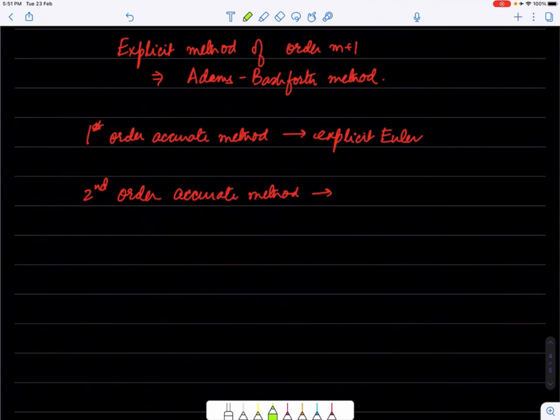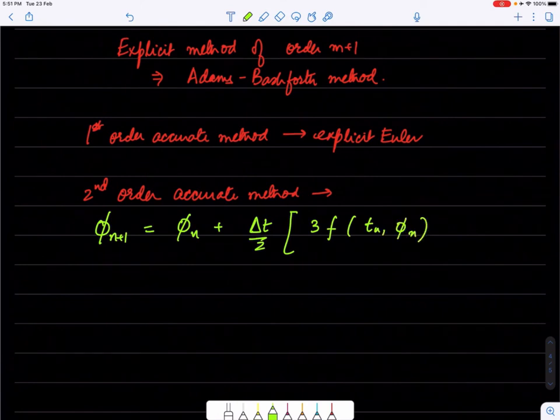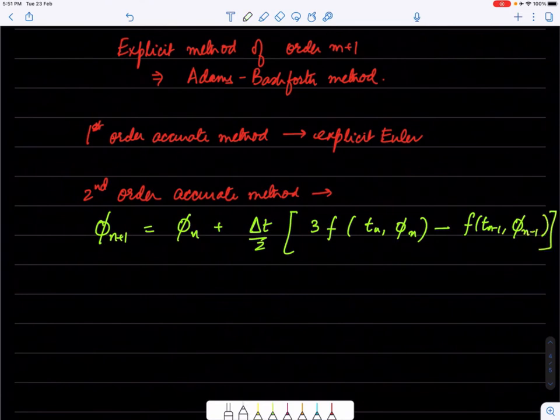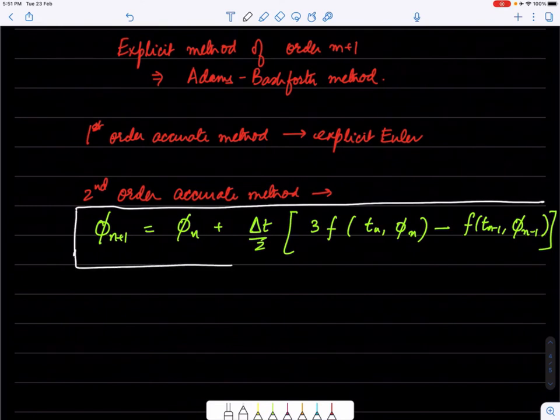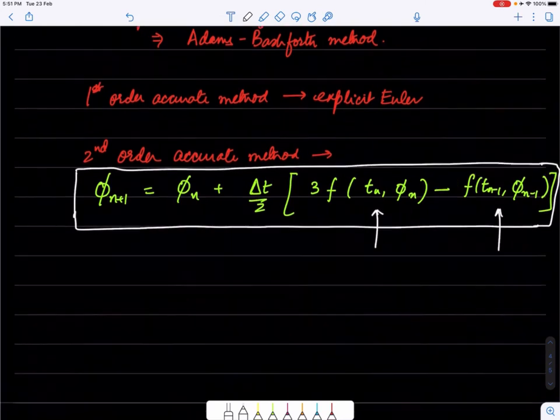What you should get is that phi n plus 1 will come out to be phi n plus delta t by 2 into 3 times f(tn, phi n) minus f(tn minus 1, phi n minus 1). I hope you can see that this is an explicit method, because the derivative evaluation is being done at data points which are already stored in the memory, and using those we calculate the function value at the next time step.